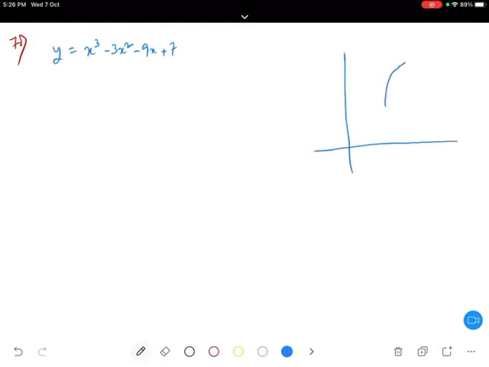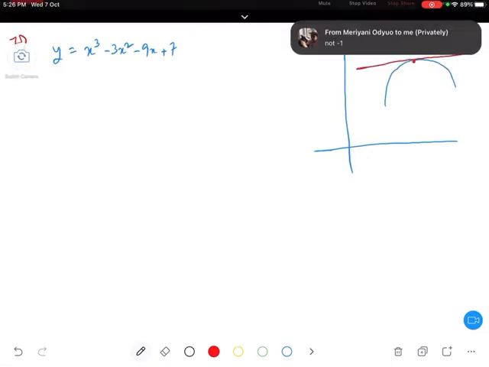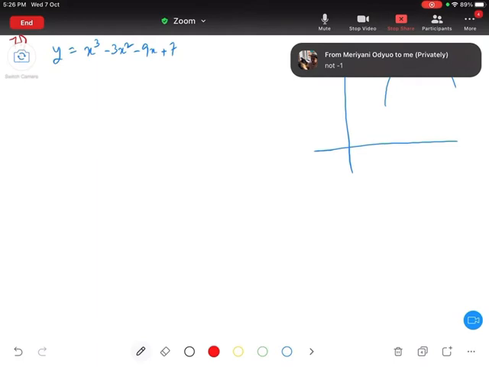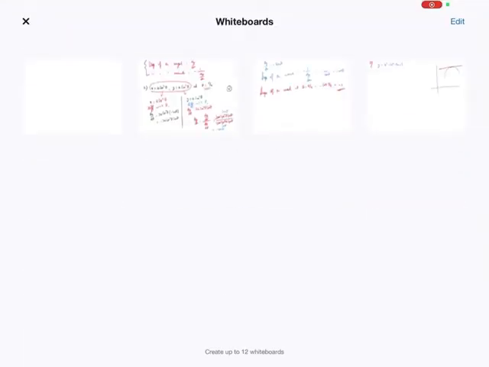Here we have a curve. So we have to find a tangent at a certain point. In question number 5, wait a second.